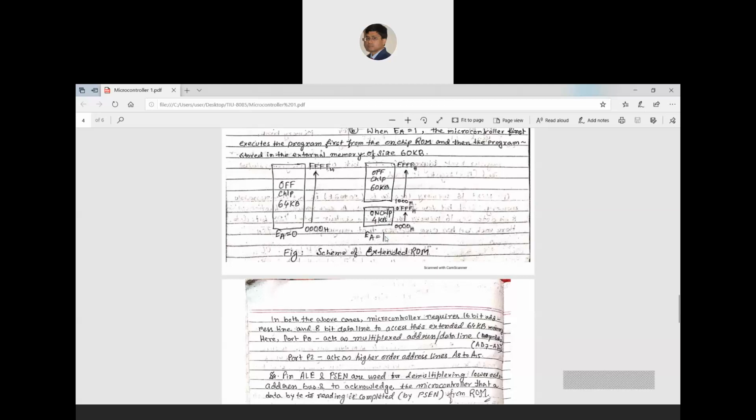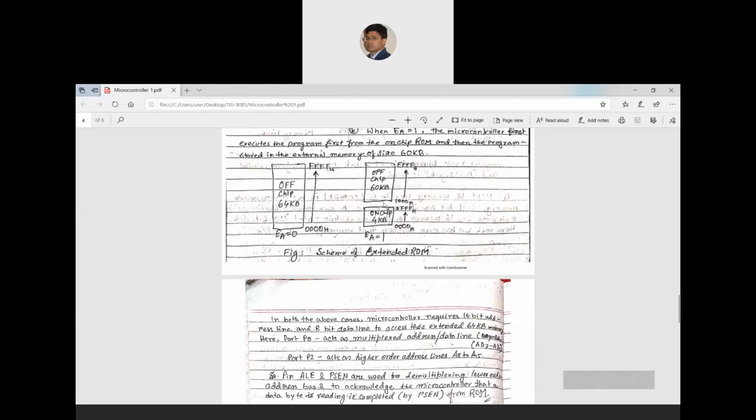So in the internal it will use 4 kilobyte, and the corresponding address is written on the right side. When the microcontroller reaches the final location of the internal ROM, it has to jump to the next location of the external ROM. So while jumping from 0FFF to the next location, the microcontroller will jump to 1000H.